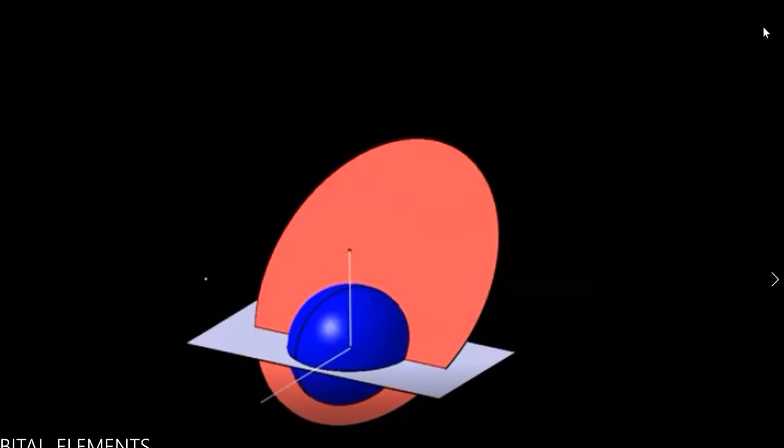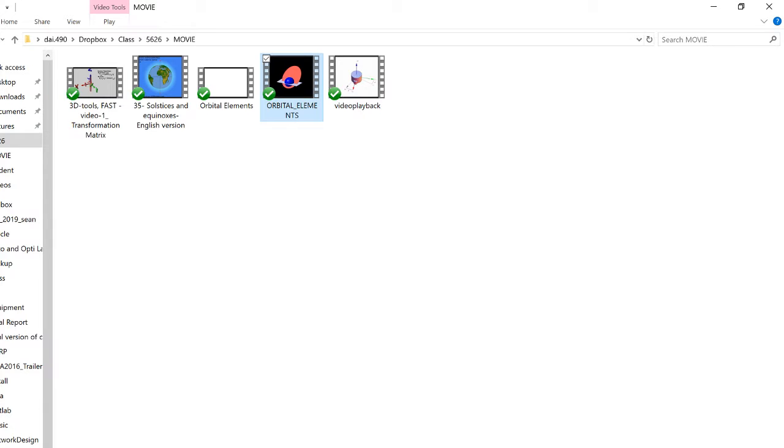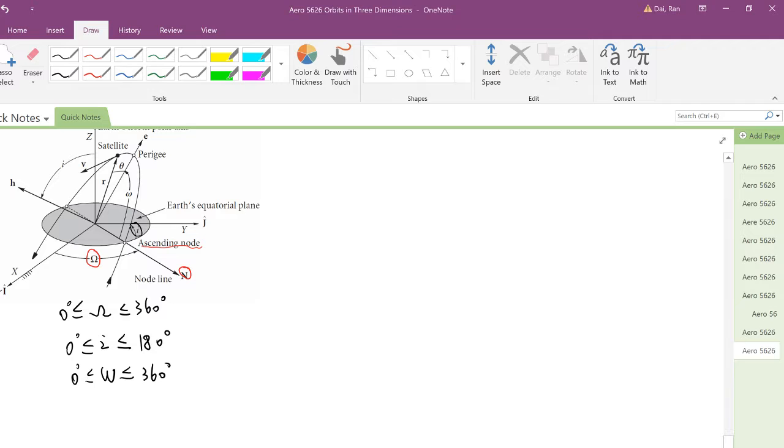Okay, so we used 2 videos to explain the 6 orbital elements. And as you can see, with those 6 orbital elements, we should be able to do one thing.